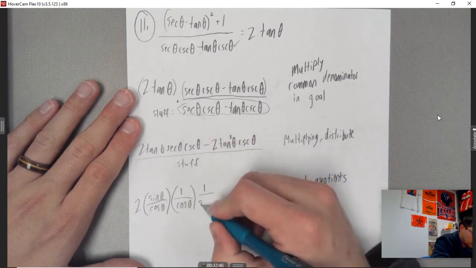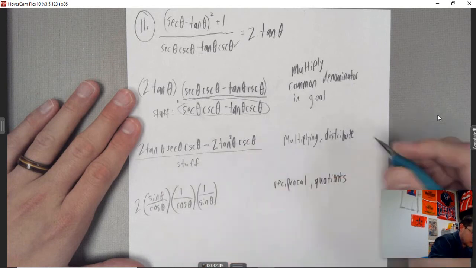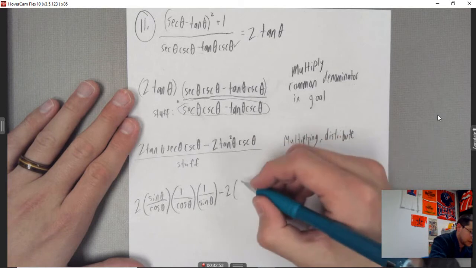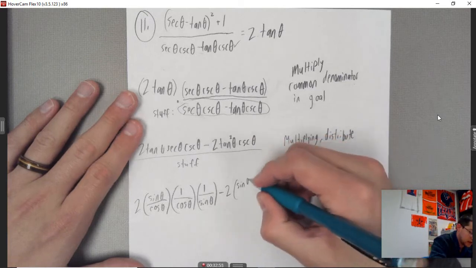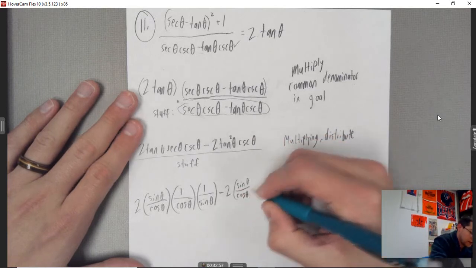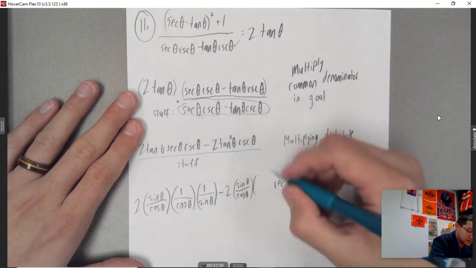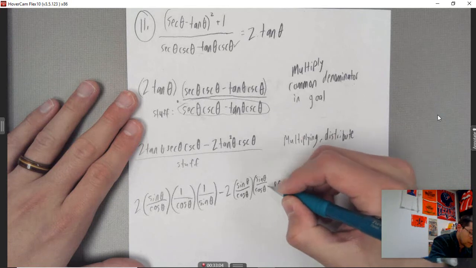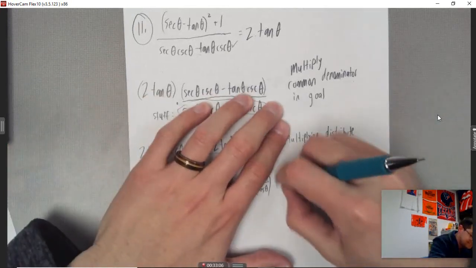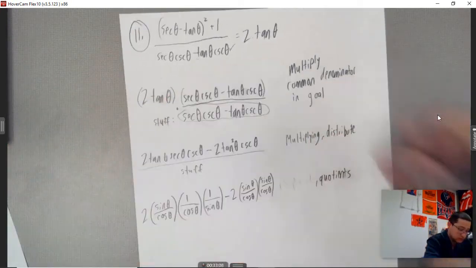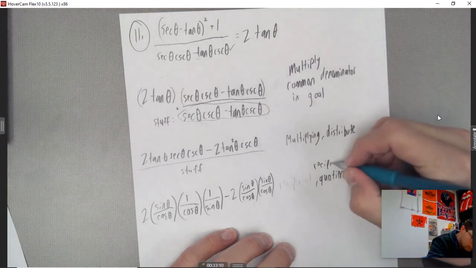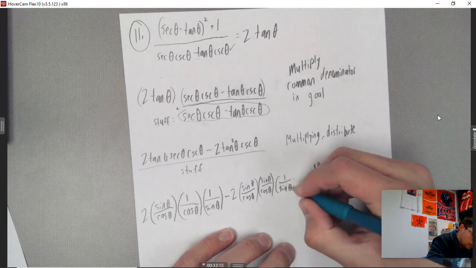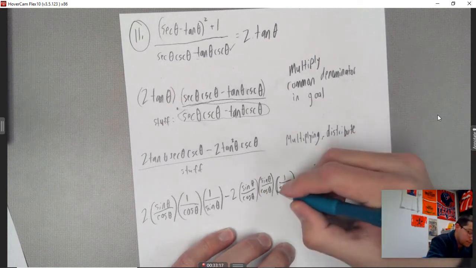Cosecant is 1 over sine of theta. And then over here, it's 2 times sine of theta over cosine of theta, but because it's tangent squared, I'm running out of room. Then the reciprocal, and over here, last one, cosecant, that's 1 over sine of theta.